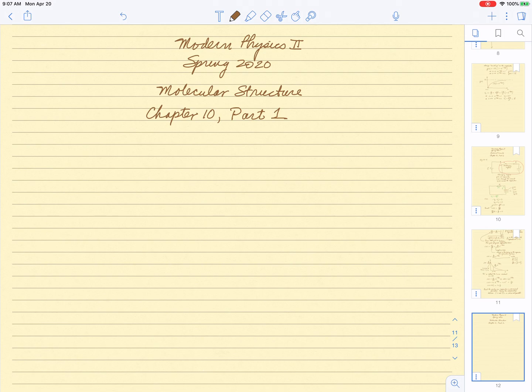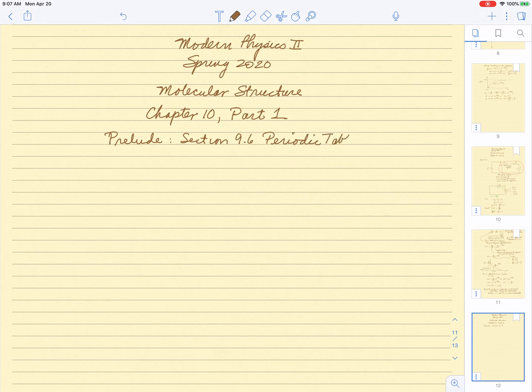We're into the last couple of weeks. So I'm going to move into chapter 10 today, which is on molecular structure. But as a prelude to this, I'm going to go back and look at section 9.6, which is on the periodic table.